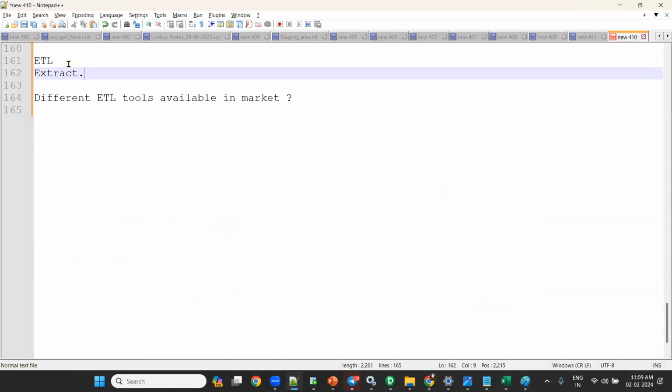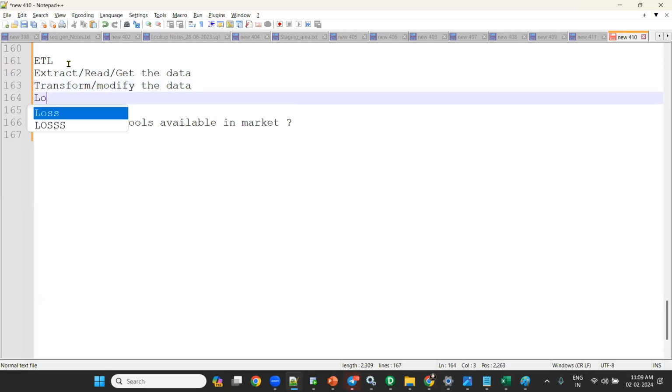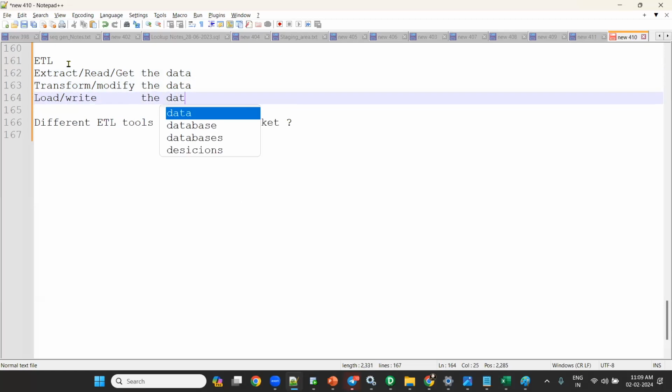Extract means read or get the data. Transform means modify the data. Load means write the data.